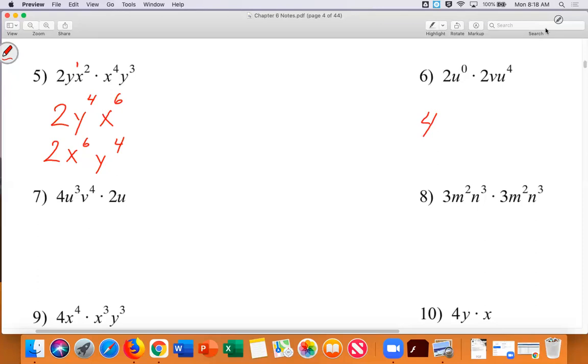Now let's go to the U, right? We have U to the 0 and U to the 4th. What are we going to get? U to the 4th, because we do 0 plus 4, and we get 4. Now the V. V to the what power? 1. Perfect.